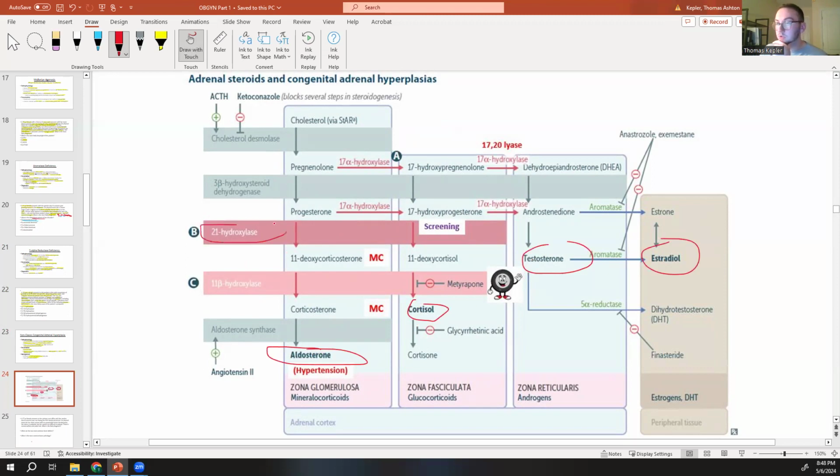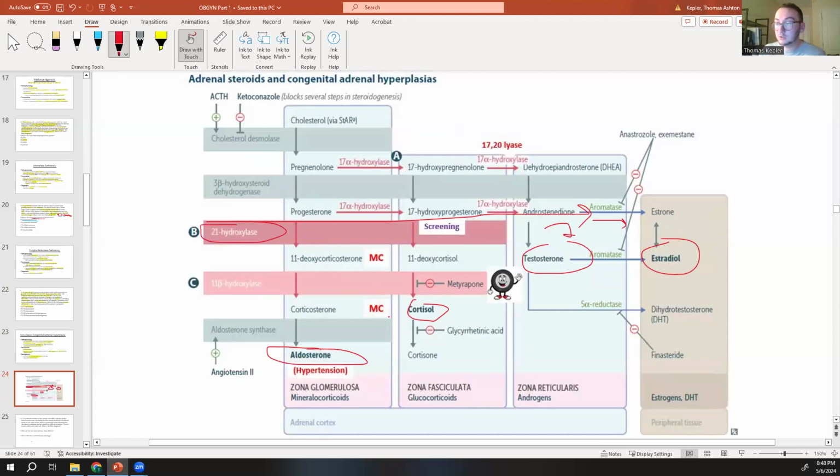So if we lose our 21-alpha hydroxylase, we are basically going to be shunting everything this way. If we have a partial deficiency, we'll still be able to produce some aldosterone and cortisol, but we'll be shunting everything over to testosterone and estradiol.